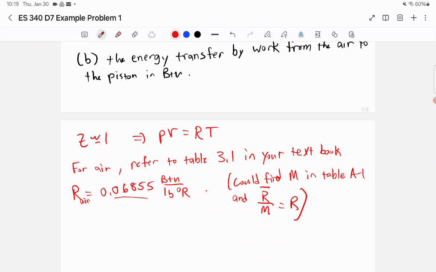One thing that we're going to need is that 1 BTU is equal to 778.169 pound force times foot. We're going to need this conversion factor.